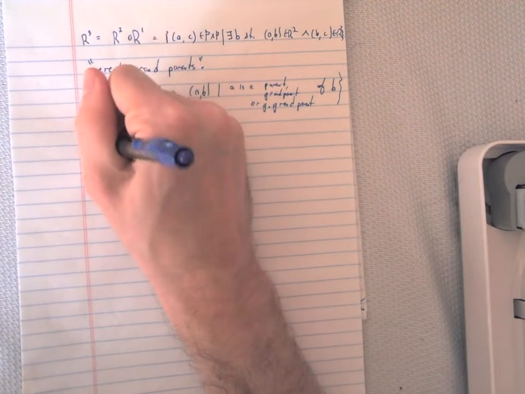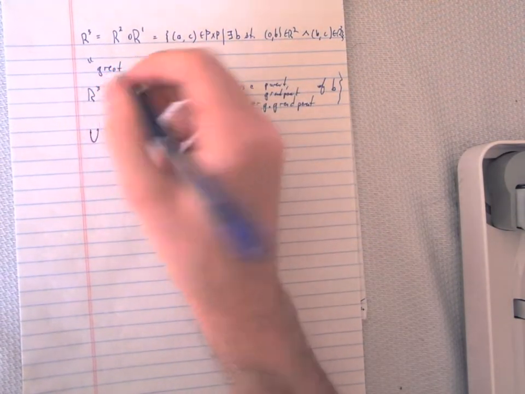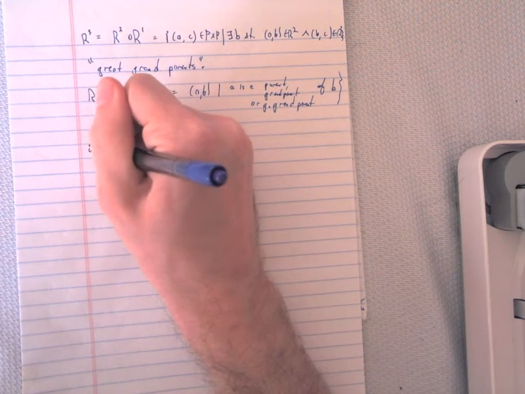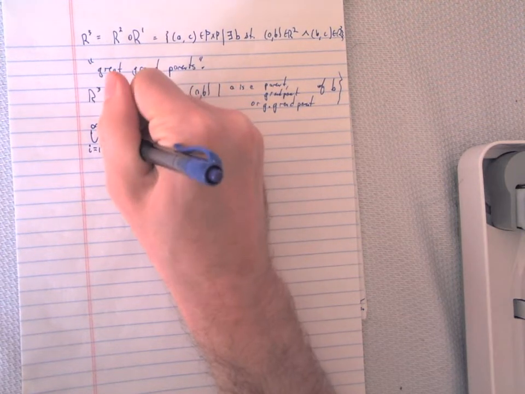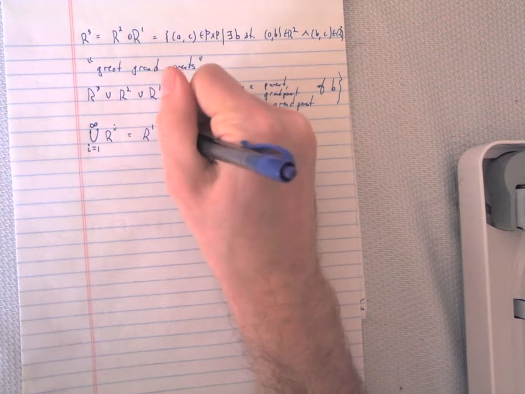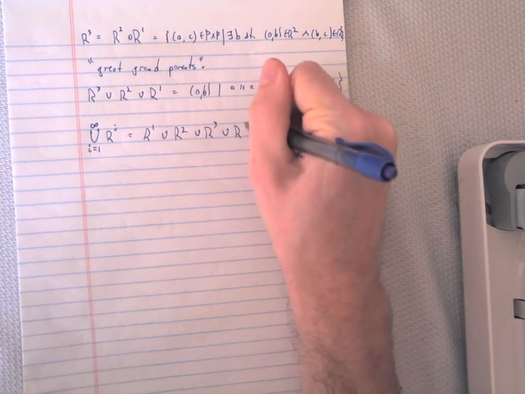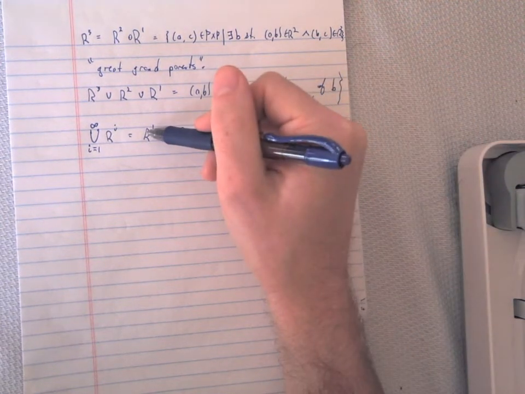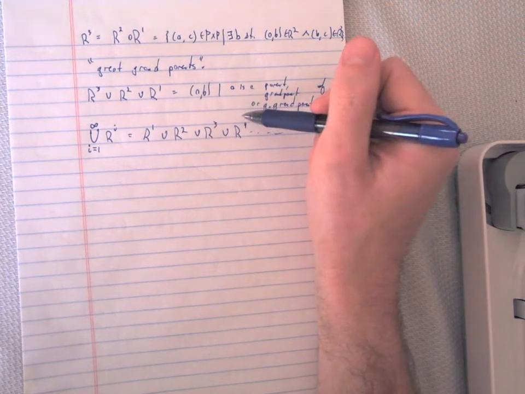And similarly, we can define more general unions of sets. Remember, relations are just subsets of a cross product, so we can do the union from i equals 1 all the way up to infinity of R^i. So this is R^1 union R^2 union R^3 union R^4, etc. So this is either A is a parent of B, A is a grandparent of B, great-grandparent, great-great-grandparent.